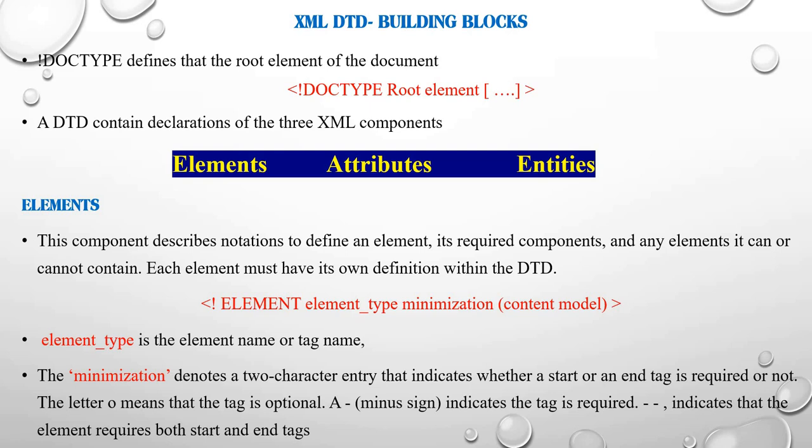So here is the syntax of defining an element inside a DTD. Element type is the element name or the tag name. Minimization denotes a 2-character entry that indicates whether a start or an end tag is required or not. A letter O means that the tag is optional. A minus sign indicates a tag is required. Double minus indicates that the element requires both start and end tag.